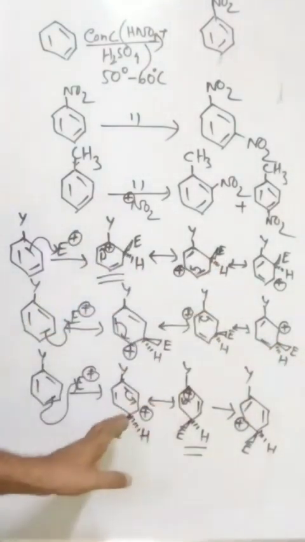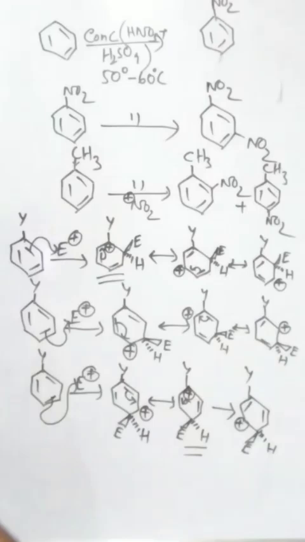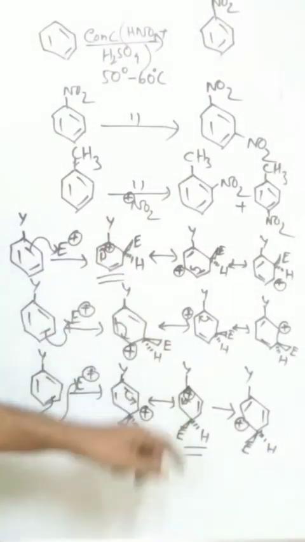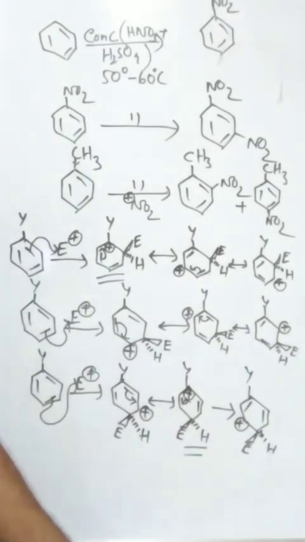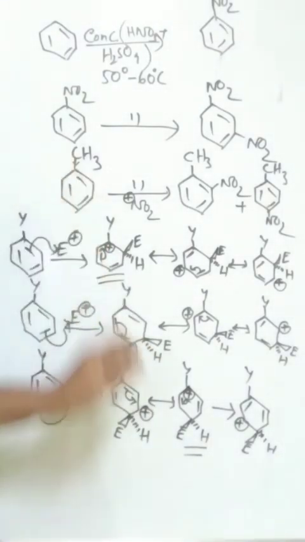But in ortho and para positions, two particular resonating structures are formed which get some stability from the plus I inductive effect of the substituent CH3.